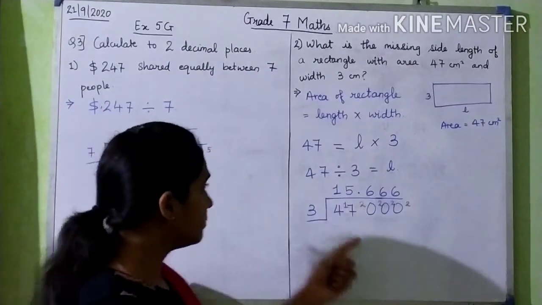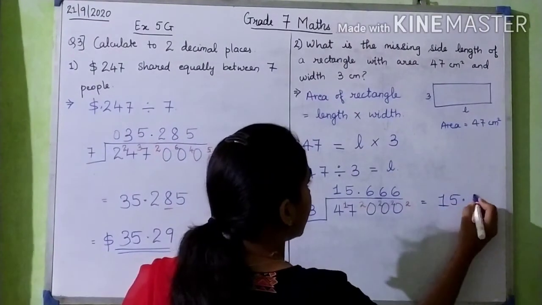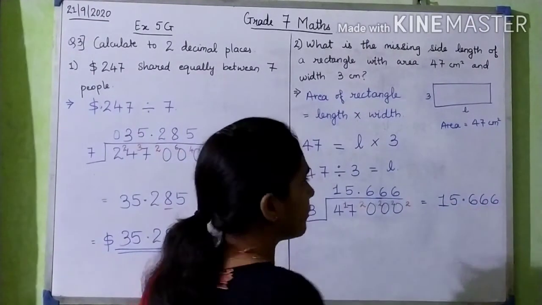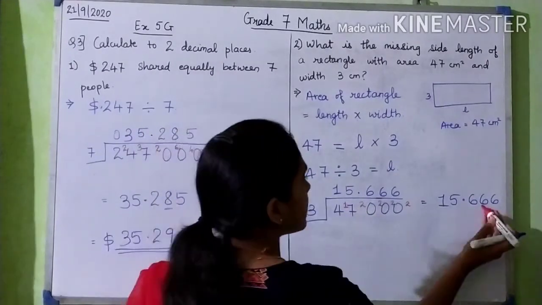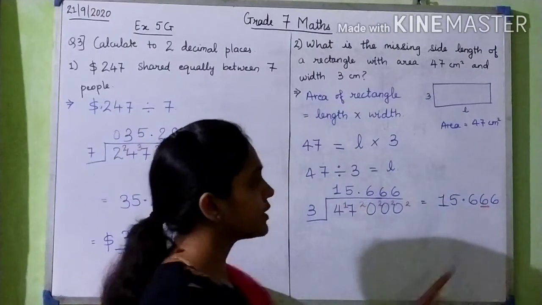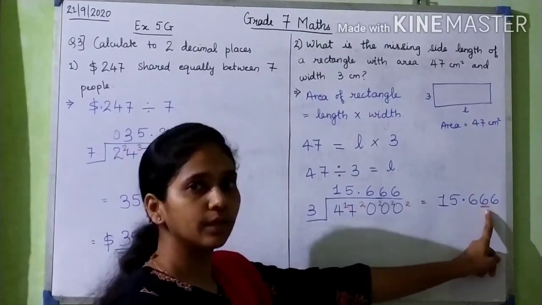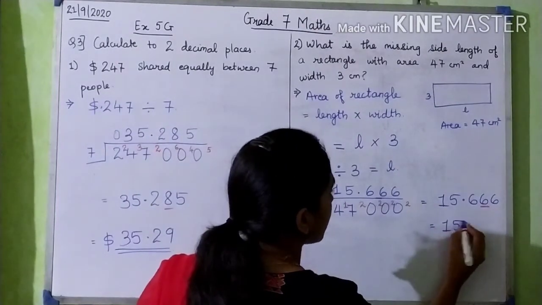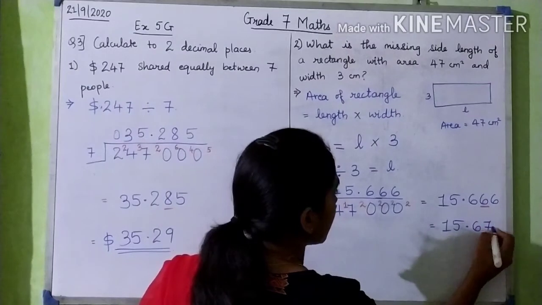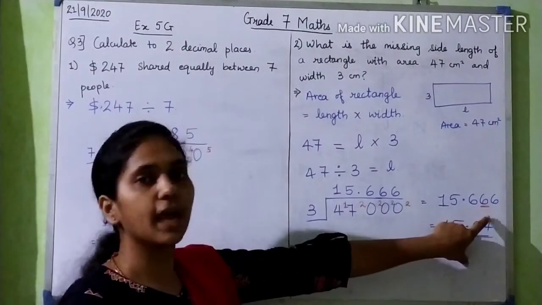The answer which we have got is 15.666, but we have to calculate up to 2 decimal places only. The second decimal place number is 6. After that 6 is again a 6, which is greater than 5. So we add 1 to this number 6, and adding 1 to 6 becomes 7. So this becomes 15.67. The second decimal place number will be added by 1.